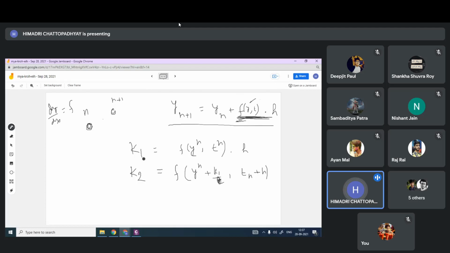Then you get a new slope. So you are evaluating here, then you average half of k1 plus k2. So this will be yn plus 1, yn plus half (k1 plus k2). So k1, k2 is like this, but these y and t, this function, they are changing.